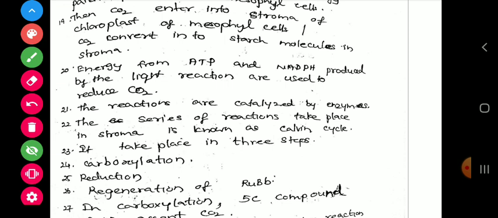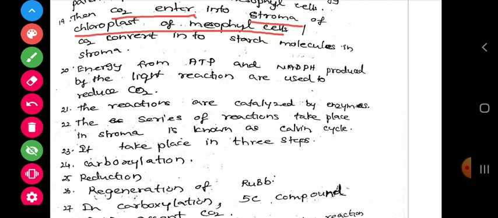Then CO2 enters into the stroma of the chloroplast of the mesophyll cells.